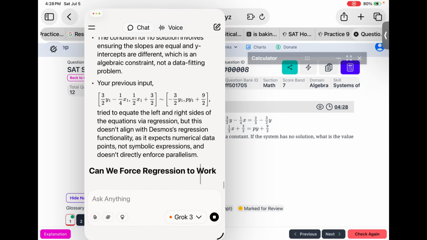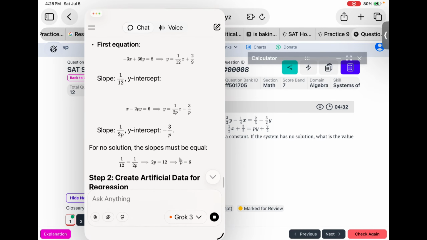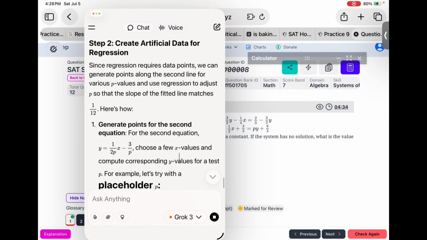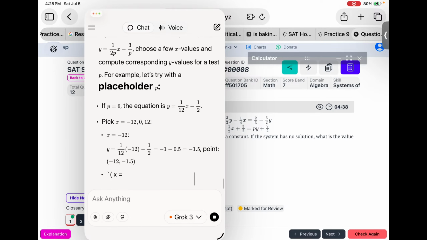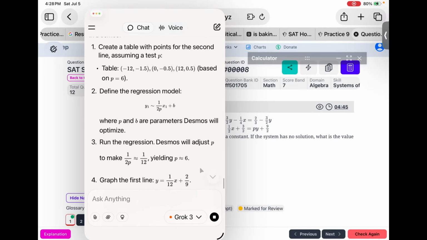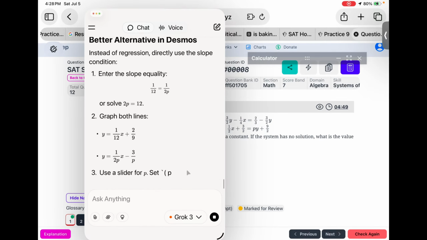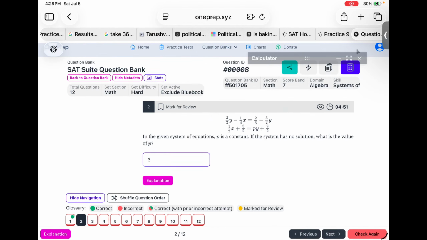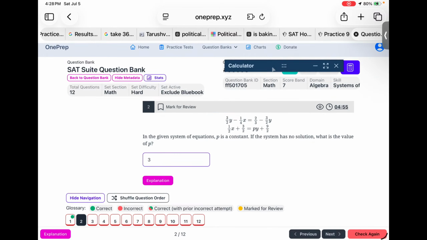Okay. Can we force regression to work? Let's find out. What is this thing happening? He's trying to tell me there's no easy way out.